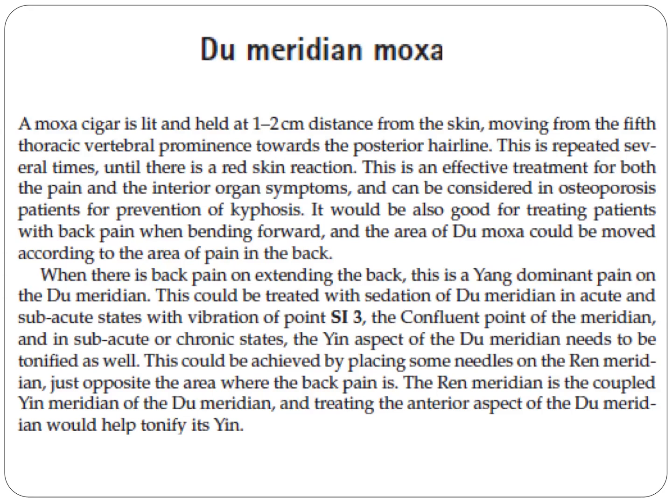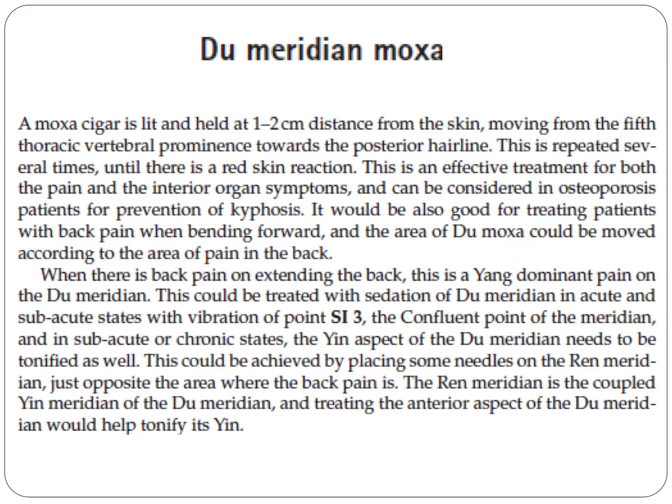So how do we apply moxa on the Du meridian? A moxa cigar is lit and held at 1 to 2 centimeters distance from the skin, moving from the 5th thoracic vertebral prominence towards the posterior hairline. This is repeated several times until there is a red skin reaction.